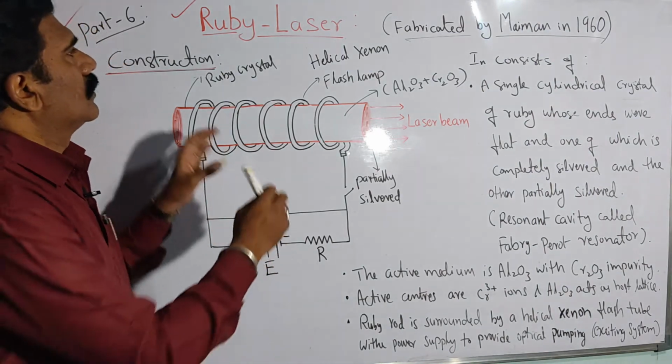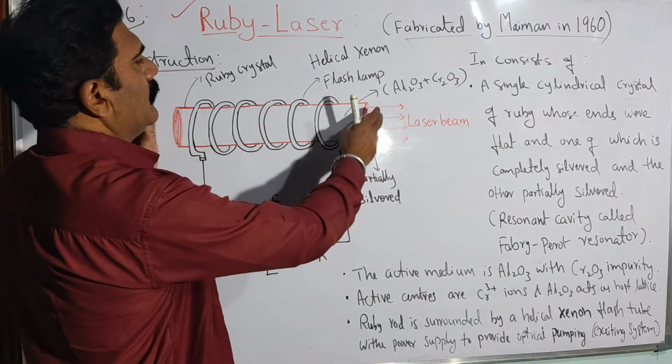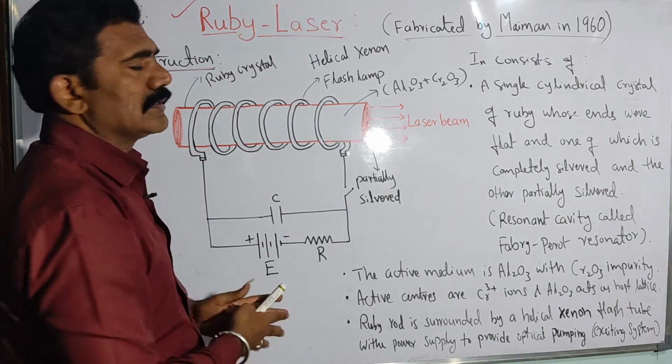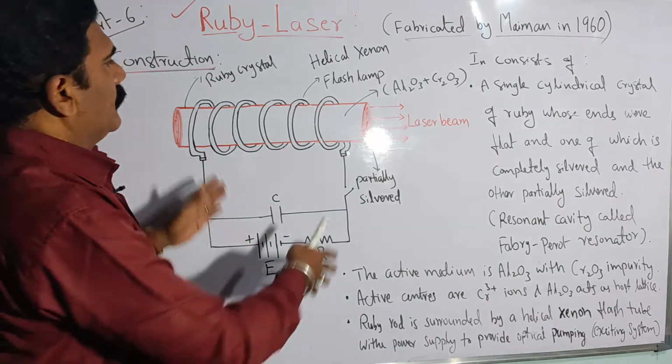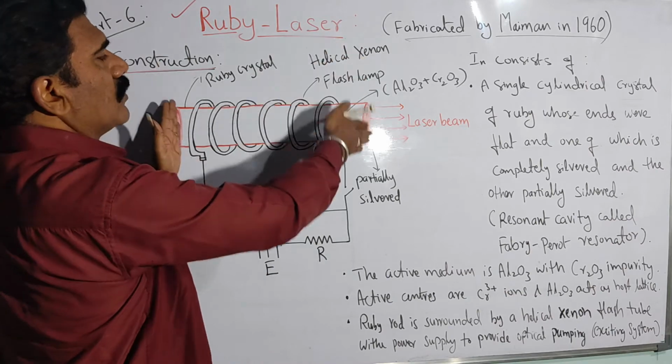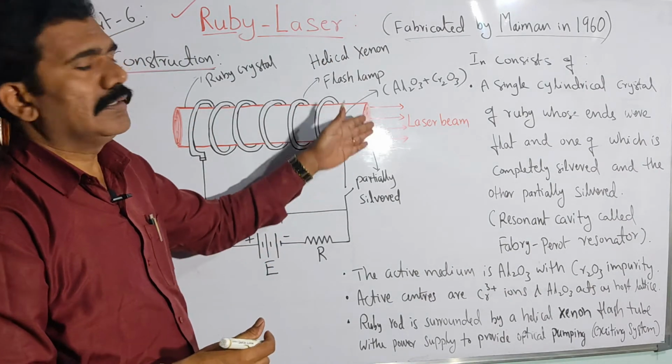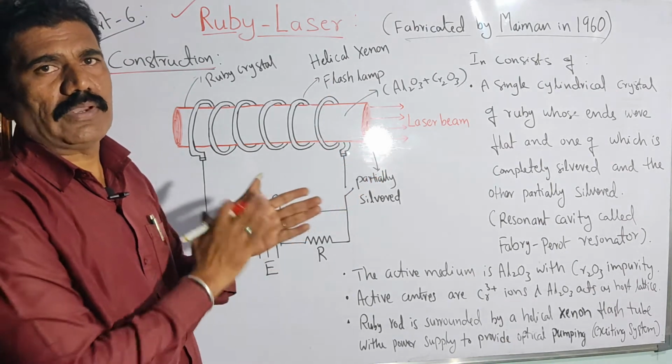The ruby crystal is in a cylindrical shape, and both ends of the cylinder are cut in such a way that they are highly polished, fine polished.